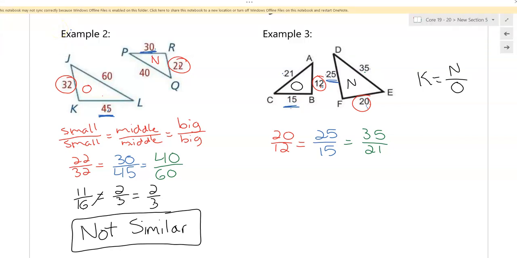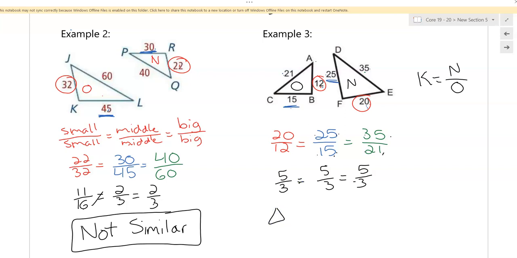I can't remember to underline or circle. So for sake of time, I'm just going to reduce them. 20 over 12 is 5/3. 25 over 15, I divide both of those by 5, 5/3. 35 over 21, I'm dividing both of those by 7, 5/3. So 5/3, 5/3, 5/3. They are all equal.